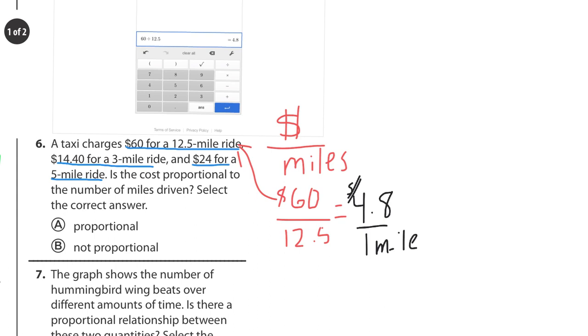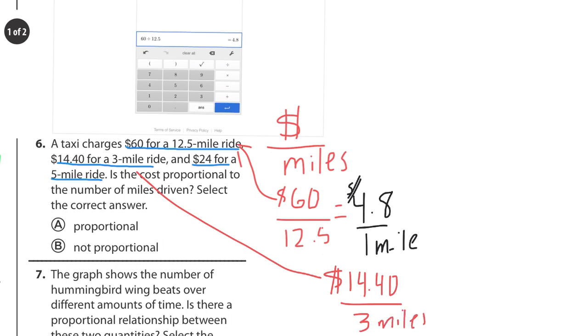Next one. We have $14.40 divided by 3 miles, or for every 3 miles.